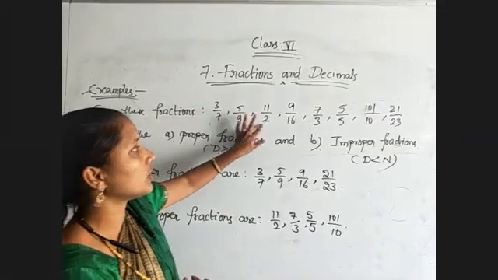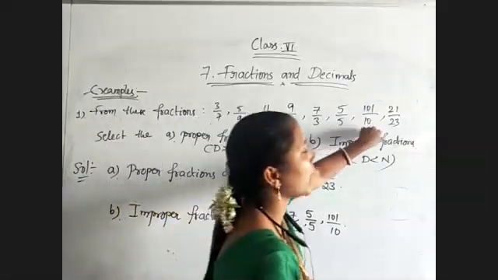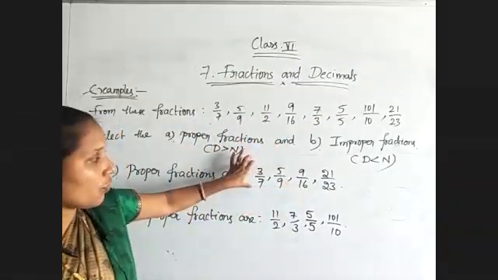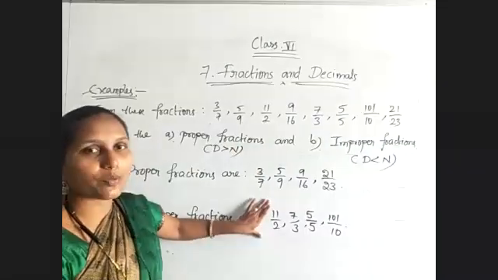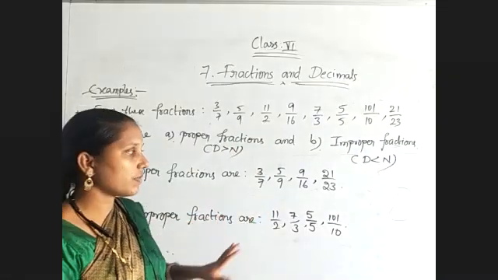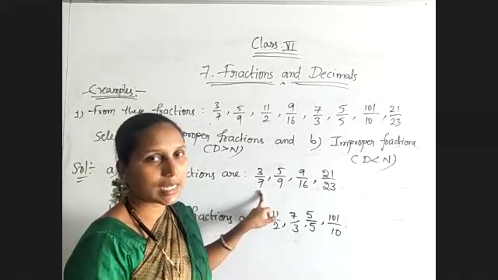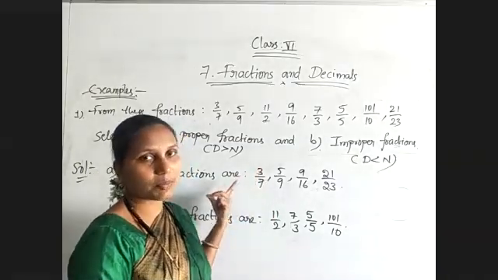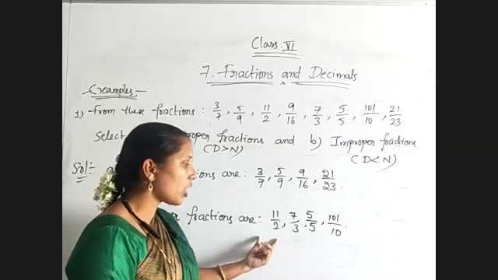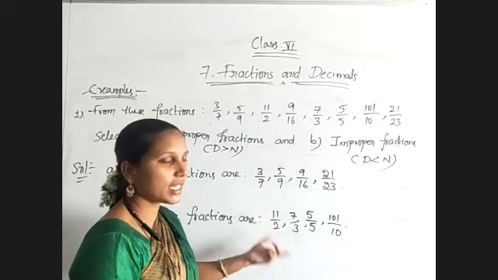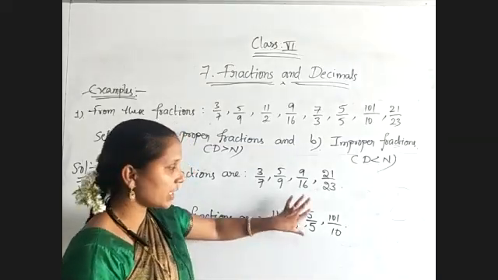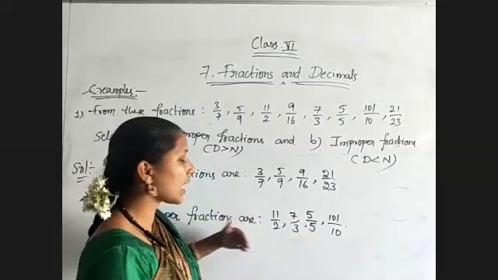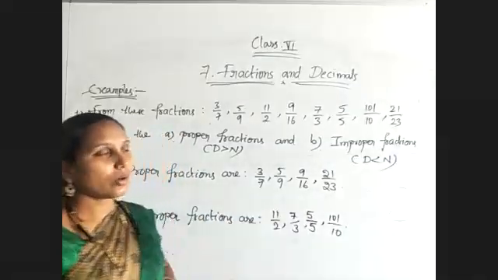Observe 1, 2, 3, 4, 5, 6, 7, 8. Out of 8, 4 proper fractions, 4 improper fractions. Once again observe, whenever the denominator is greater than the numerator, they are said to be proper fractions. And if the denominator is lesser than the numerator, as well as when denominator and numerator are both equal, then also they are improper fractions. Okay.